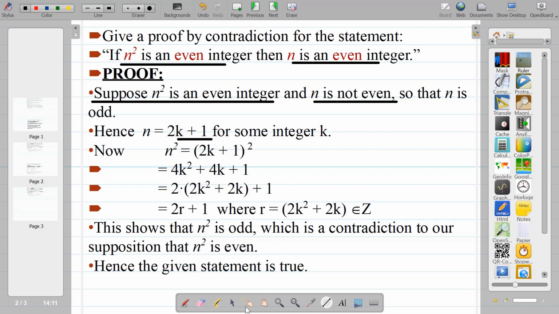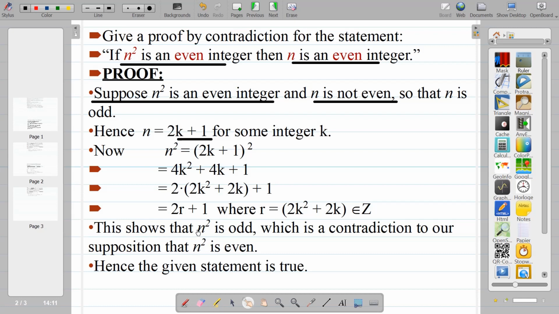If we expand this bracket, what we get is 4k squared plus 4k plus 1. And then if we factor out a 2, we get 2 times (2k squared plus 2k) plus 1. We end up with something in the form of 2r plus 1, which is an odd number, where 2k squared plus 2k is our r.